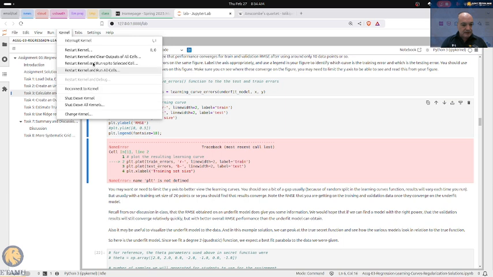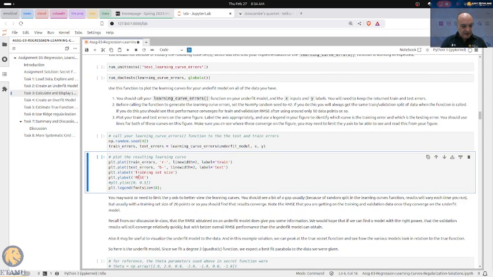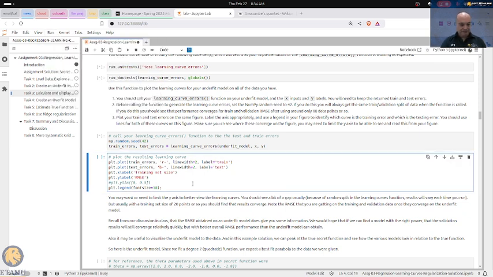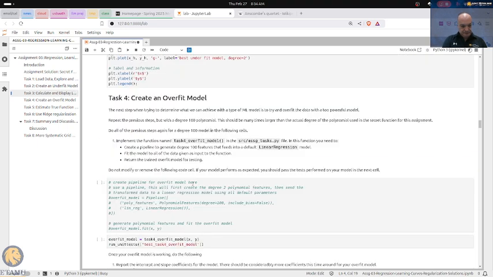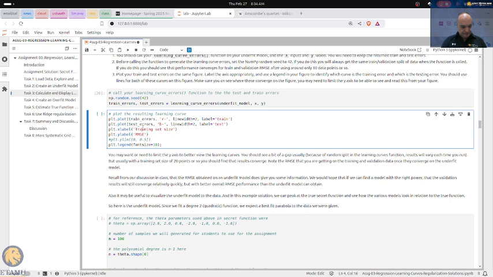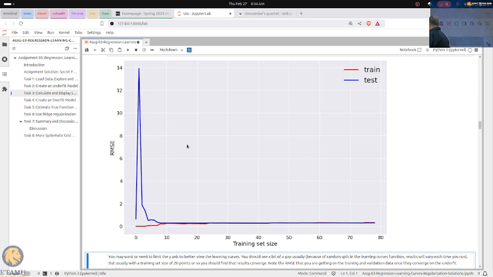So let's rerun everything above this. The usual thing is that the range of the error on the data that you test with will be really big at some points.